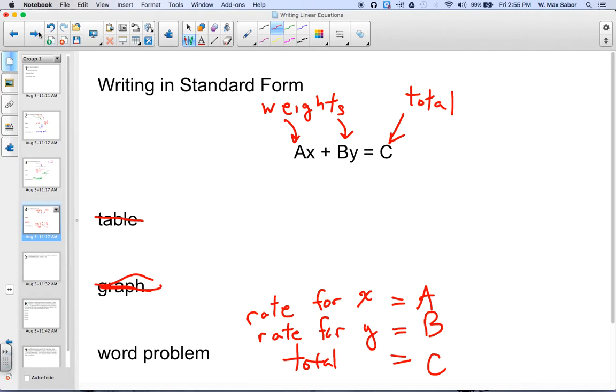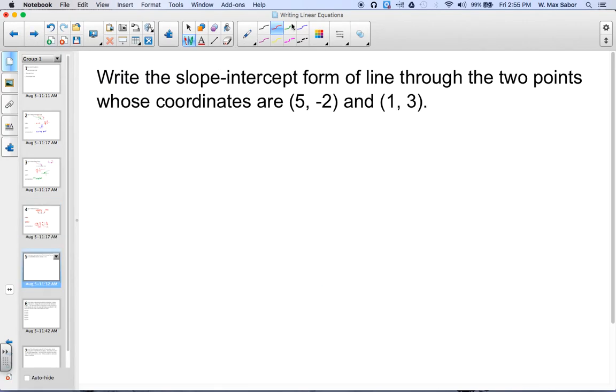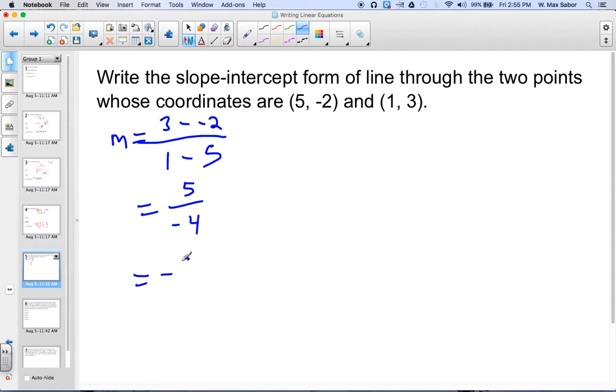So let's do a few examples. Write the slope-intercept form of a line through the 2 points whose coordinates are 5, -2, and 1, 3. So we find slope first. And now, in order to find the y-intercept, we can plug in a point.